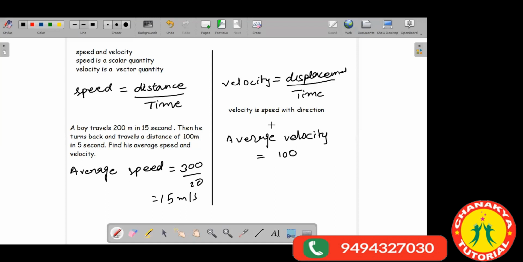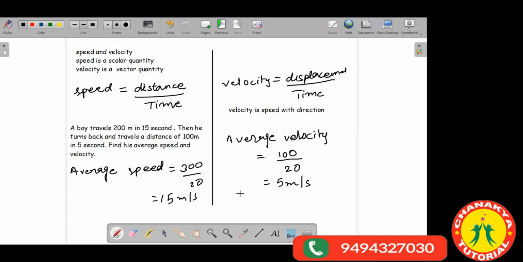So average velocity is given by displacement by time. What is the displacement? Displacement is 100 meter and time is 20 seconds. So 100 by 20, that is 5, just 5 meter per second. So now this is your velocity.